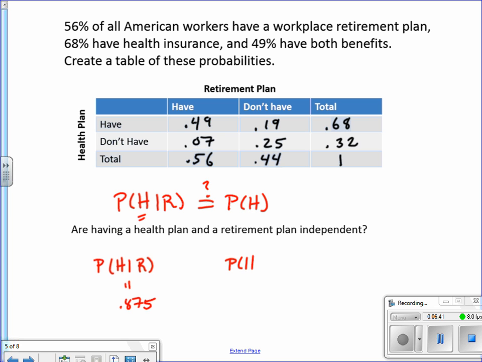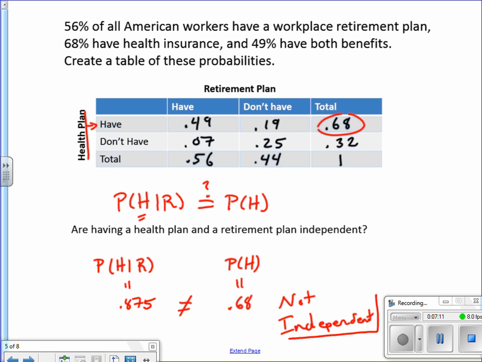The probability that someone just has a health plan, if we look back up here, would be 0.68. It doesn't take much to realize these two things are not equal, which means one of these is having an effect on the other. Because this is not equal, these two things are not independent.